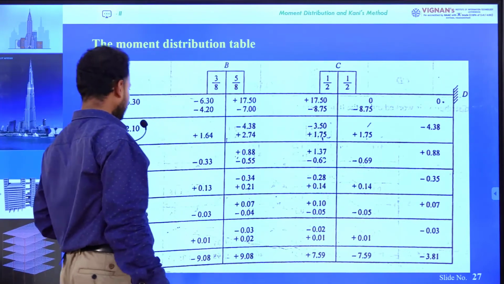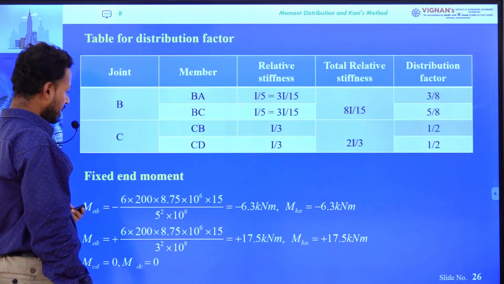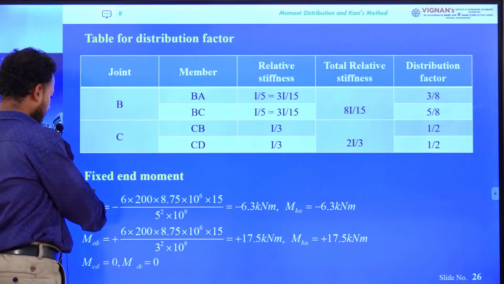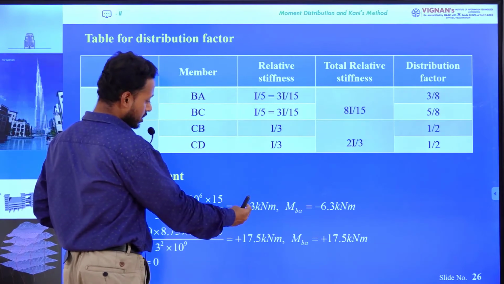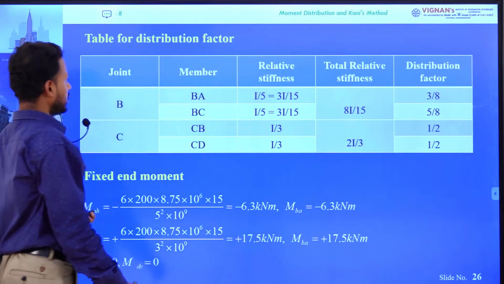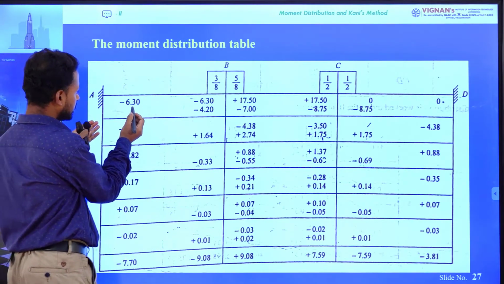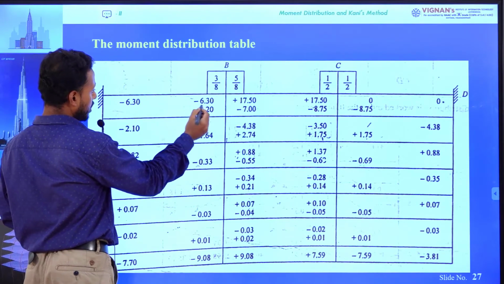Okay. Now first let's write the bending moments that we have calculated. MAB equals minus 6.3, MBA equals minus 6.3. So first I will write AB minus 6.3, BA minus 6.3.